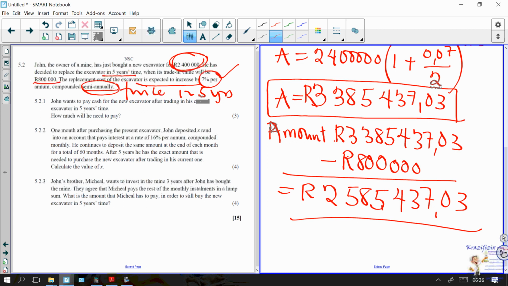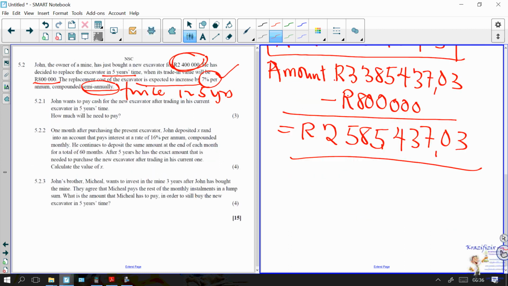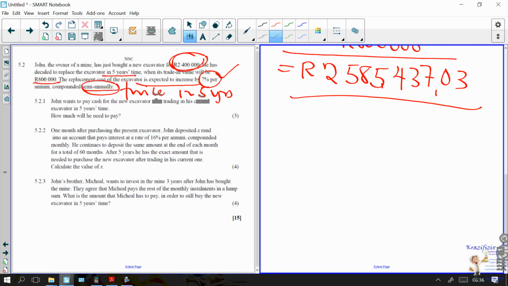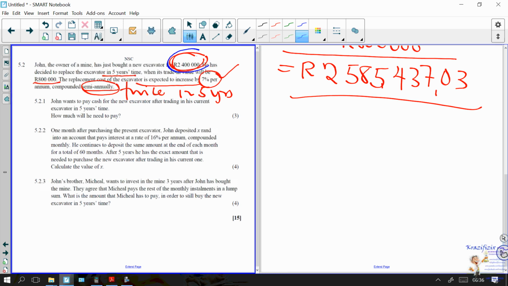1 month after purchasing the present excavator. So look, in financial maths, you must always ask yourself, am I looking for a future value or am I looking for a present value? 1 month after purchasing the present excavator, John deposited X rand in an account. Now, we're talking about sinking fund. Let me quickly explain. So John is aware that his machine will cost 800,000 in 5 years.